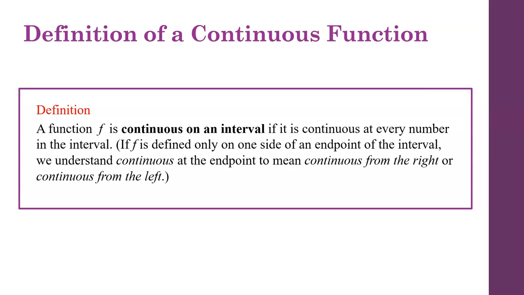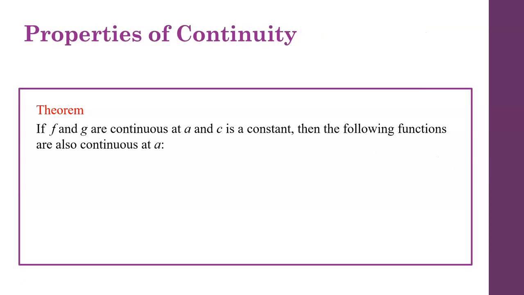And if it ends at the end of an interval, we extend the definition of continuity to be left continuous or right continuous. Okay, so if it's continuous on every point in the interval, we just say it's continuous in that interval.